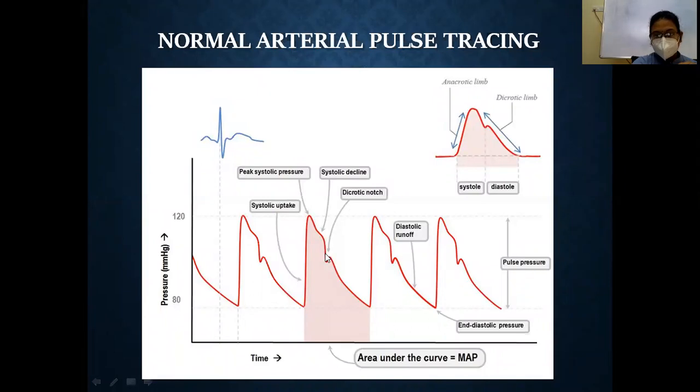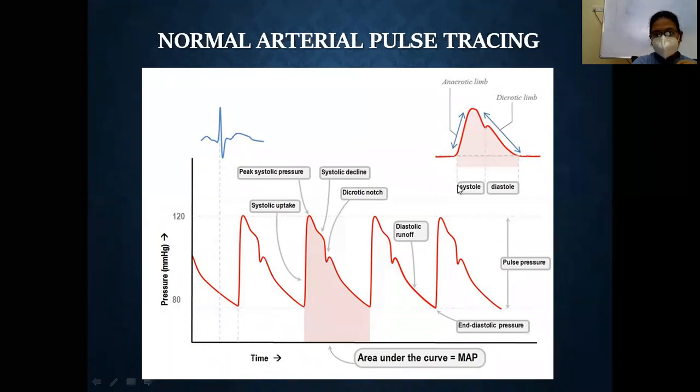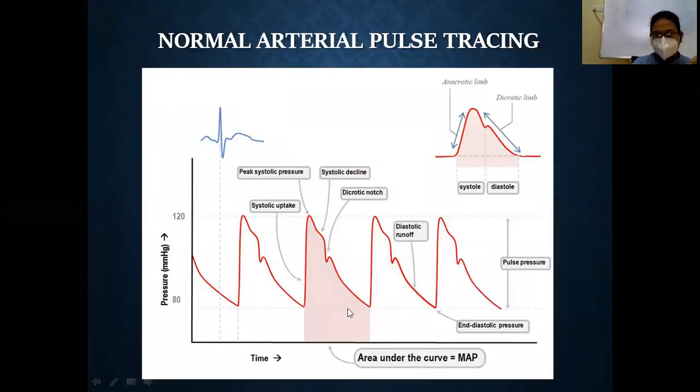And then you have a dicrotic notch. If you look over here, from this point till the dicrotic notch is the systole. From the dicrotic notch till the wave again reaches the diastolic blood pressure, you have the diastolic phase. This is known as the systolic decline, whereas this one is known as the diastolic run-off.